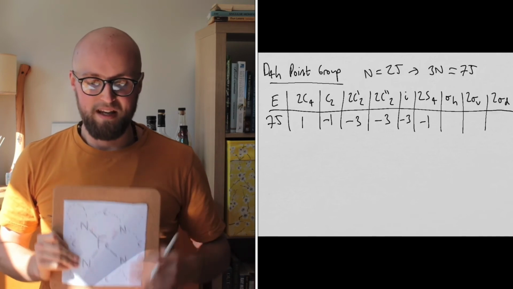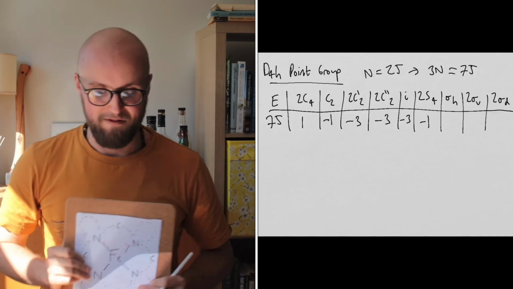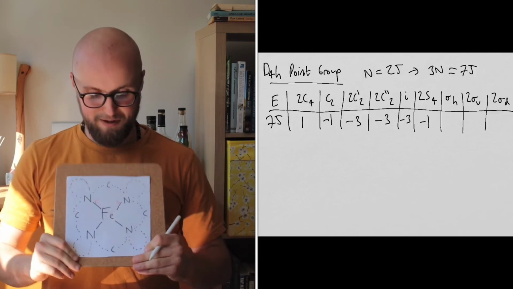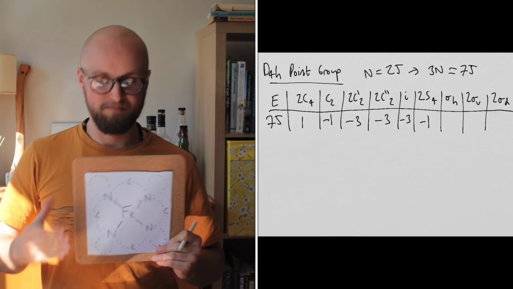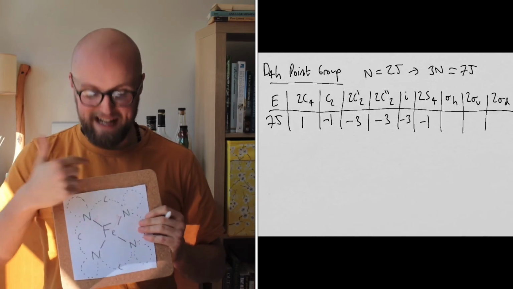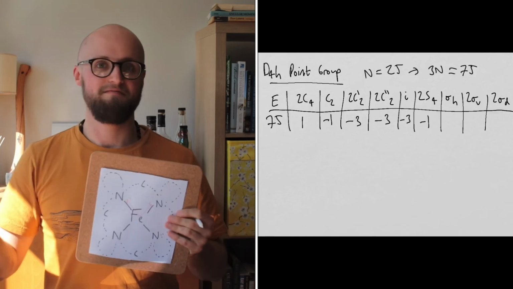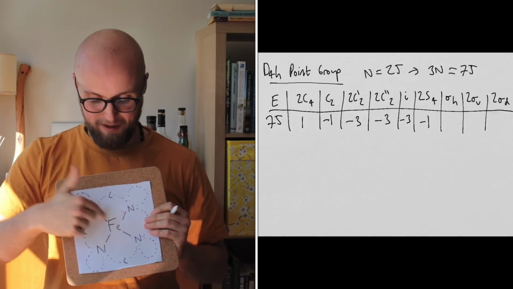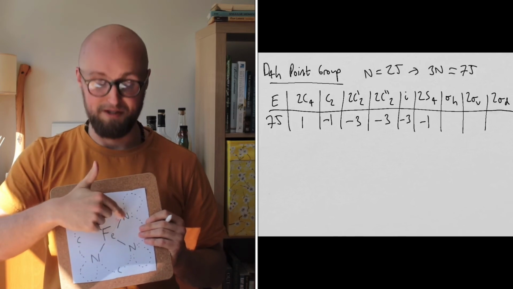Okay. And then we're on to the reflections. The reflections are a little bit more straightforward, I think. So the sigma h plane, if you recall, is in the plane of the molecule, right? And so we can see quite easily that the y and the x's are going to be unchanged on a sigma h reflection, right? That's not going to change at all. So we're going to get +1 for each of these, +1 for each of these.